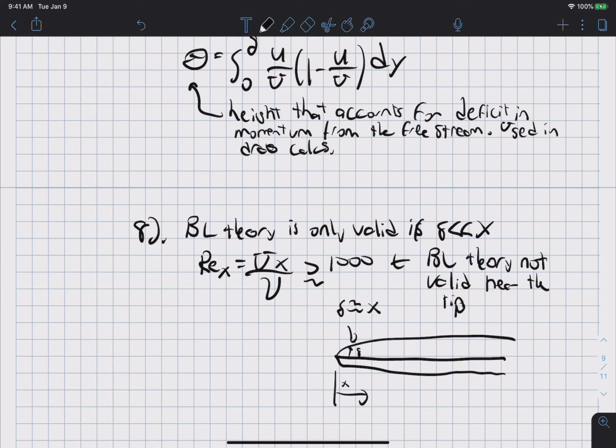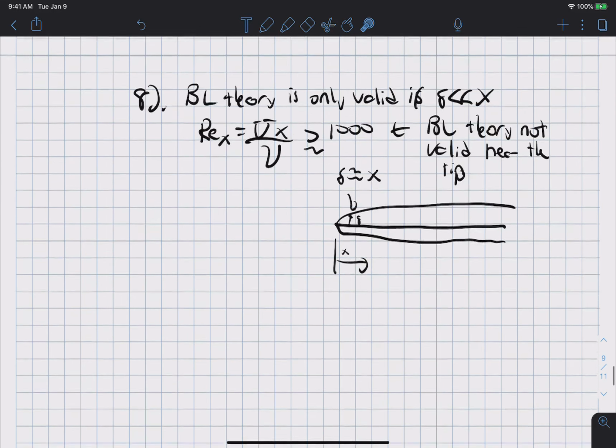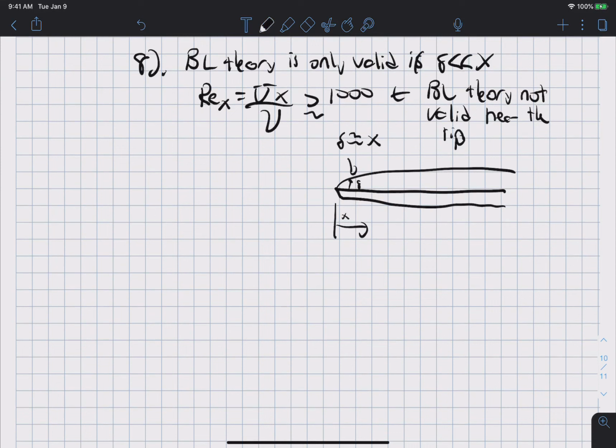So it is simply too close to the tip, and so basically Re_x, the Reynolds number based on distance along the flat plate, is simply too small for the assumptions inherent to boundary layer theory to be valid. Okay? And what boundary layer theory gives you is the velocity profile. And after you find the velocity profile, you can find the wall shear stress. And that's a function of x.